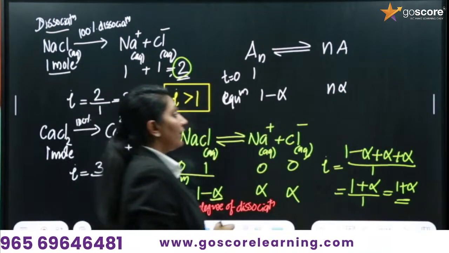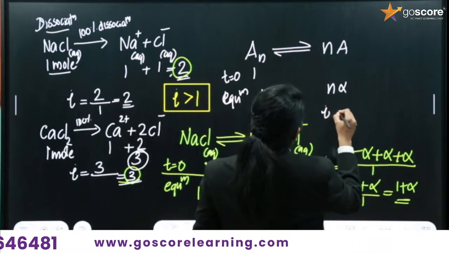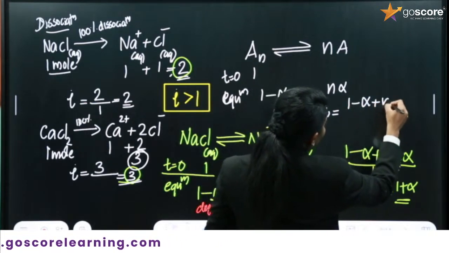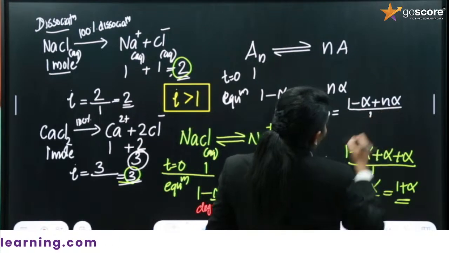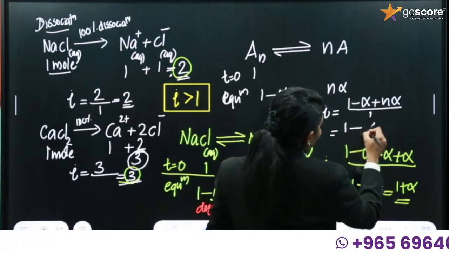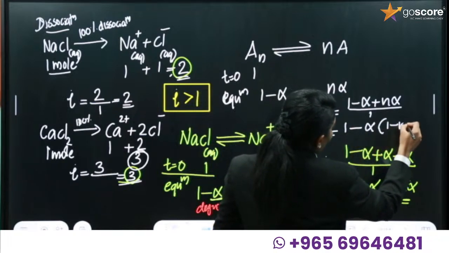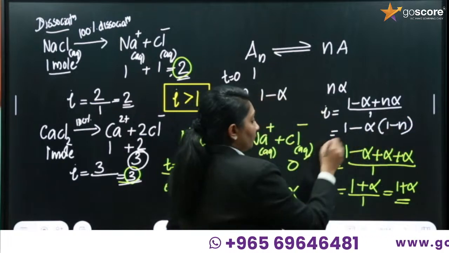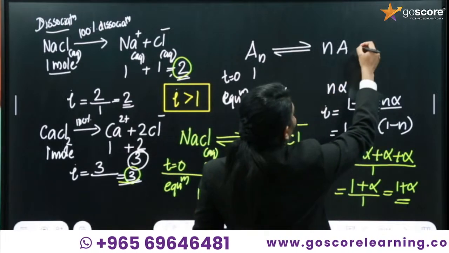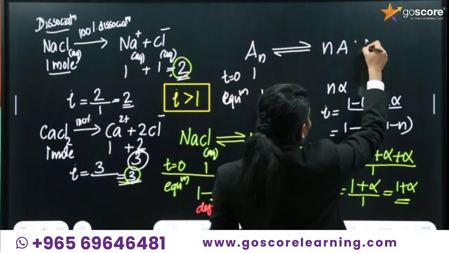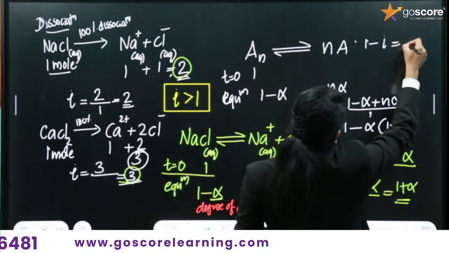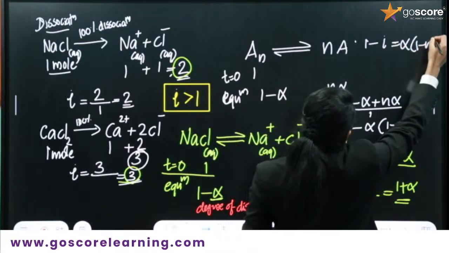So if you find out the Van Hoff factor, it will be i is equal to 1 minus alpha plus n alpha divided by 1. That will be equal to 1 plus alpha into n minus 1, right? So how can I rewrite it? I can write it as i minus 1 is equal to alpha into n minus 1, right?